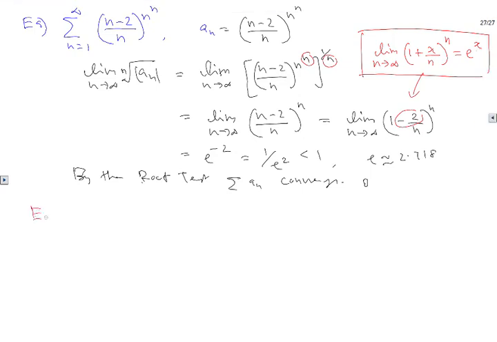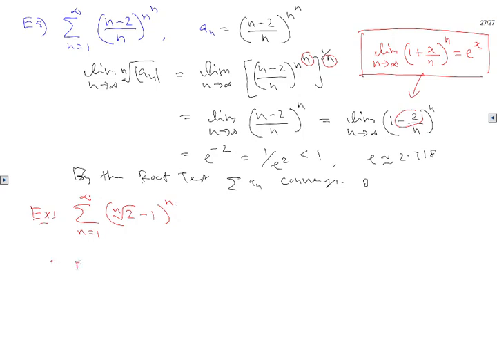Okay, so this is for you to try. This is an exercise. Test the convergence of this series, n going from 1 to infinity, 2 to the square root of n minus 1 to the nth power. Okay, so what's going to happen to this? For this problem you might need these results.